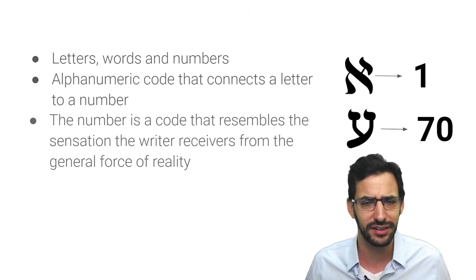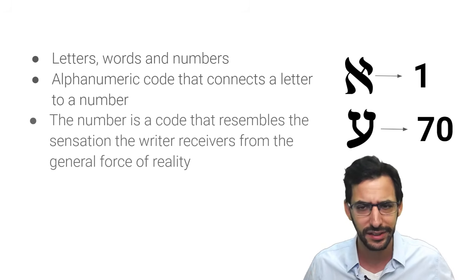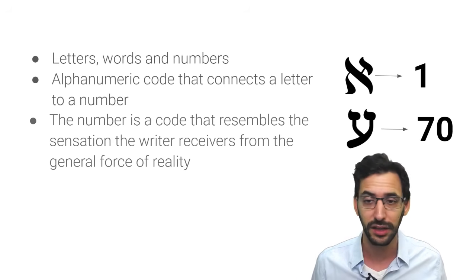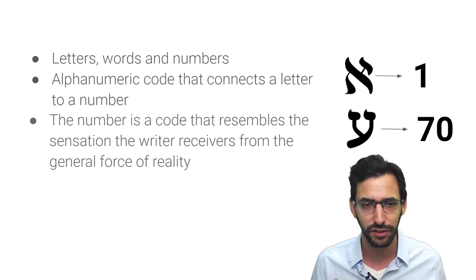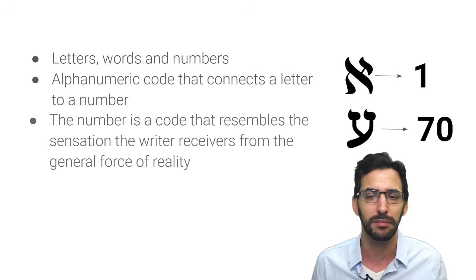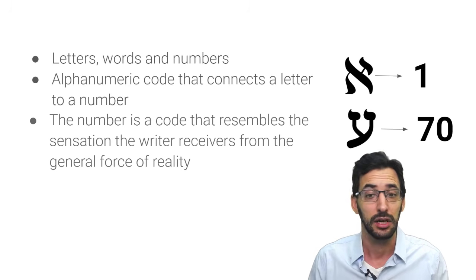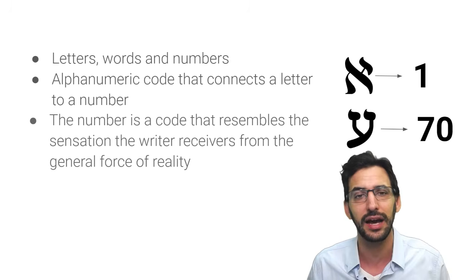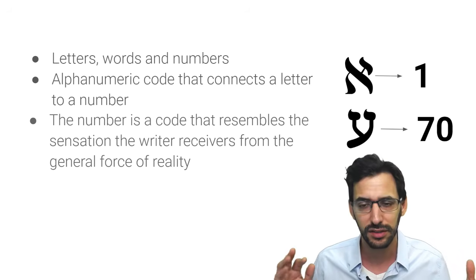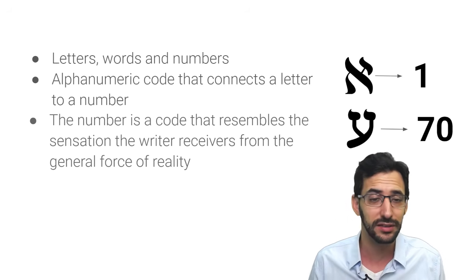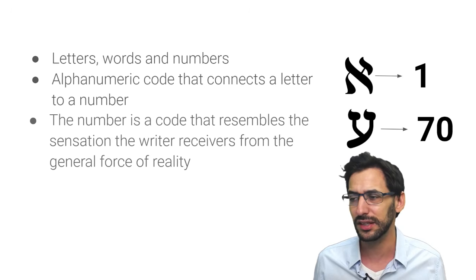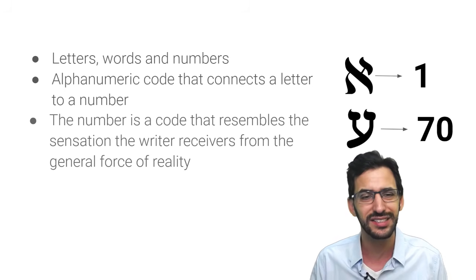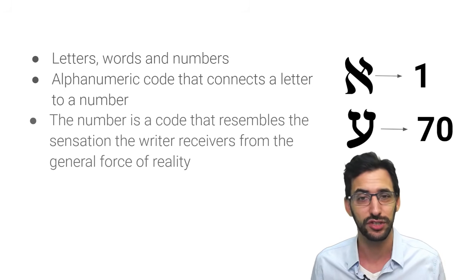So we have reality around us, pretty much what we see and hear and feel and touch and sense, and maybe we have some things that we don't see but are still here, like radio waves and cellular waves and bacteria and microorganisms, and things that are beyond our reach to see, that are far deep into the galaxy, that we need telescopes to be able to look into. So what is this sensation that a Kabbalist who writes these codes receives from the general force of reality?